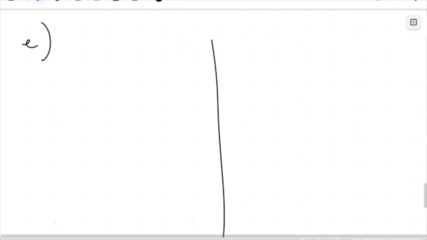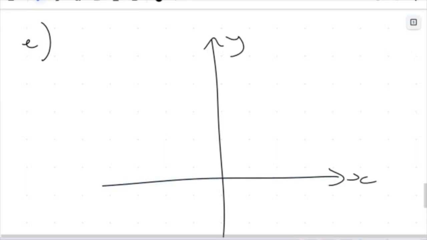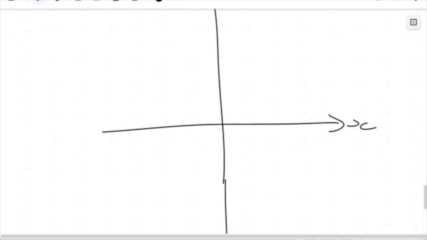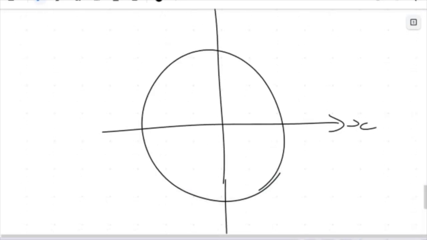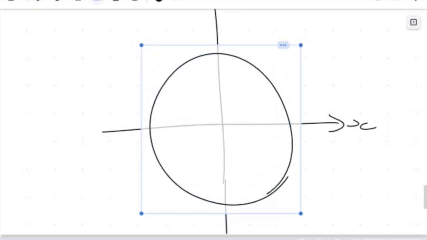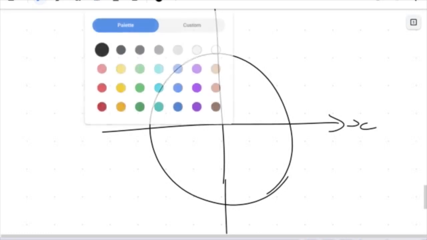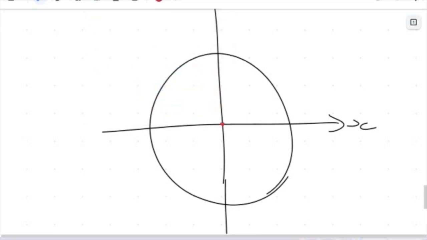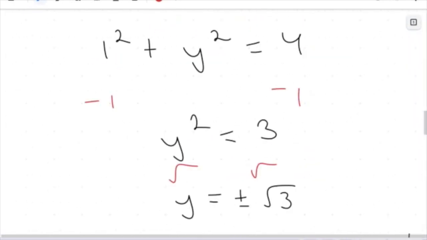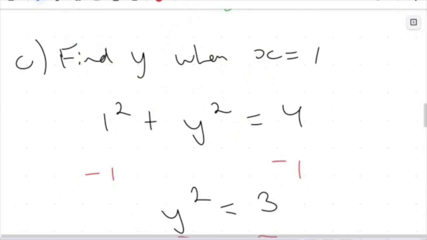So I have my xy plane, I have a circle, and its center is going to be at 0, 0. Let's move this around a bit. Okay. We have its center at 0, 0. We have a radius of, we found that before, a radius of 2.